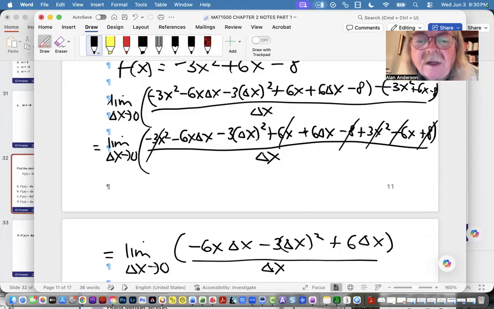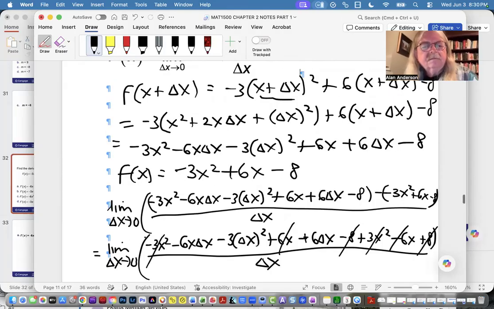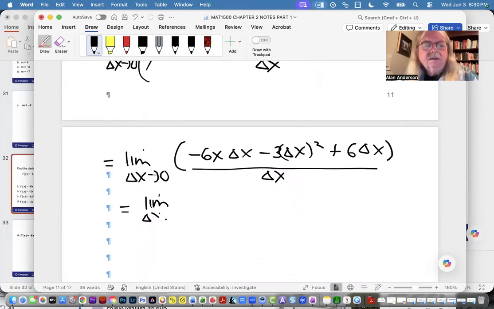And of course, now there's a delta x in each of those terms, so it becomes minus 6x minus 3 delta x plus 6.